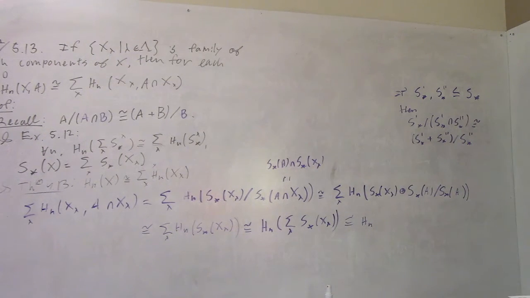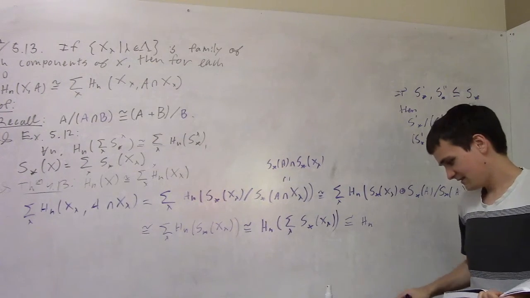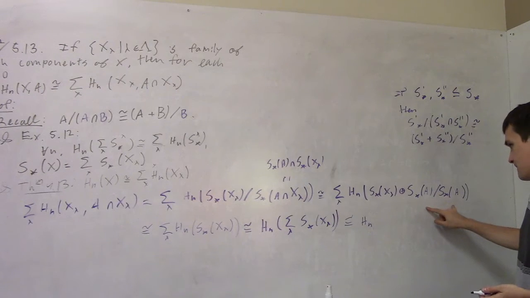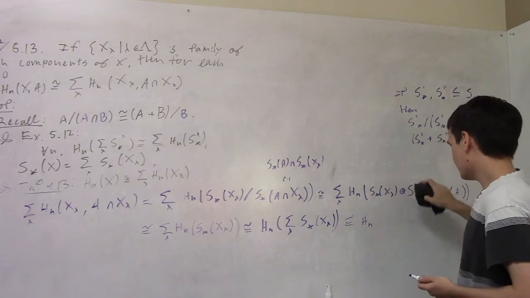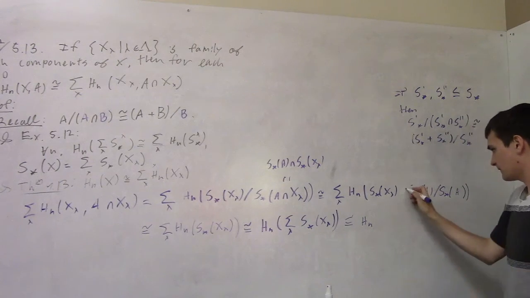Wait, what are we doing here? Okay, I think I'm confused. This is the internal direct sum in the theorem, right?